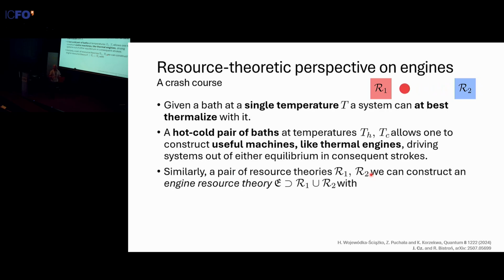This is not a thermal theory, but a pair of resource theories giving what we refer to as an engine theory, with its own free states, which necessarily are larger than the individual free sets of the underlying theories, its own free operations constructed from underlying free operations, and maybe monotones.